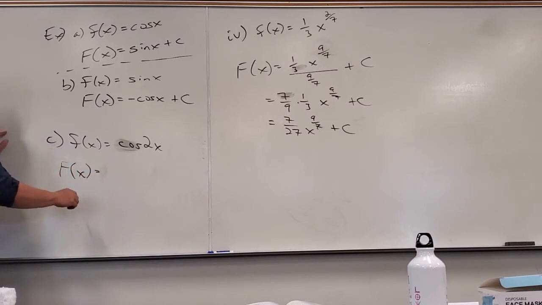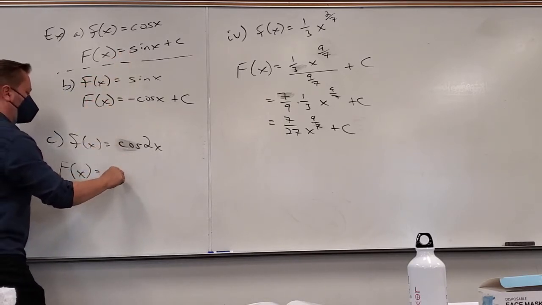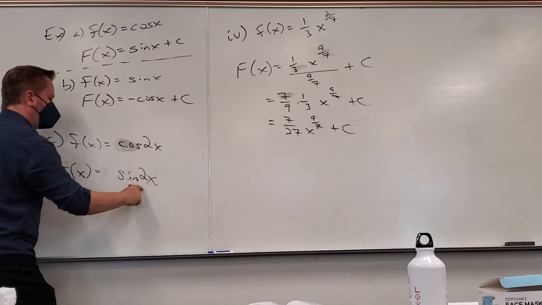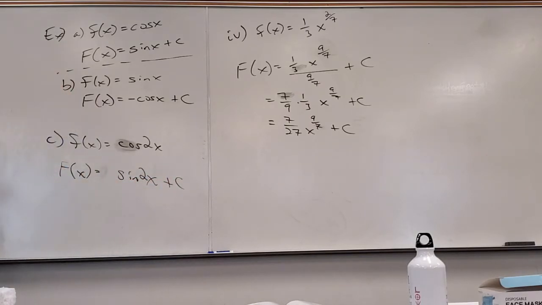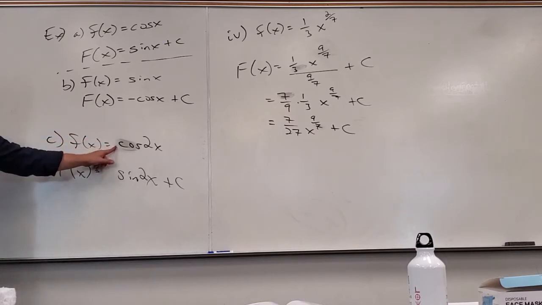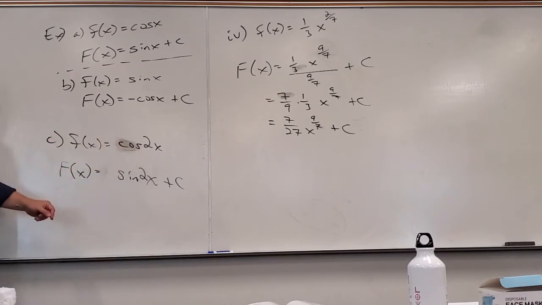Negative sine? No, no negative, right? So it's got to look like sine 2x, but why do you know this can't be it? Because what is the derivative of sine 2x? 2 cosine 2x, right? Chain rule? Is there a 2 out here? So what must have been here then to kill the 2 that comes out? A 1/2.